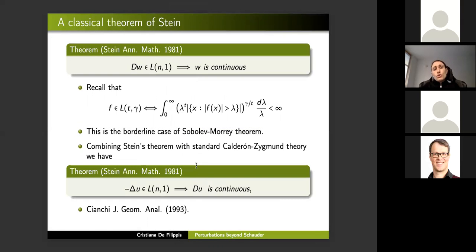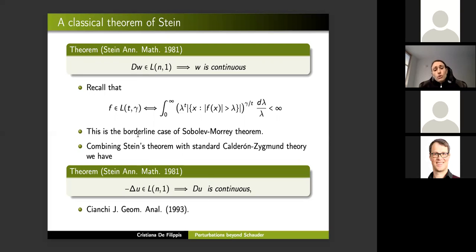Now, I want to conclude my seminar by listing some borderline regularity results. For doing this, let me recall this classical theorem due to Stein, which says that if a function has its gradient in L^{n,1}, then it is continuous. This is a sort of borderline case of the Sobolev-Morrey embedding theorem.